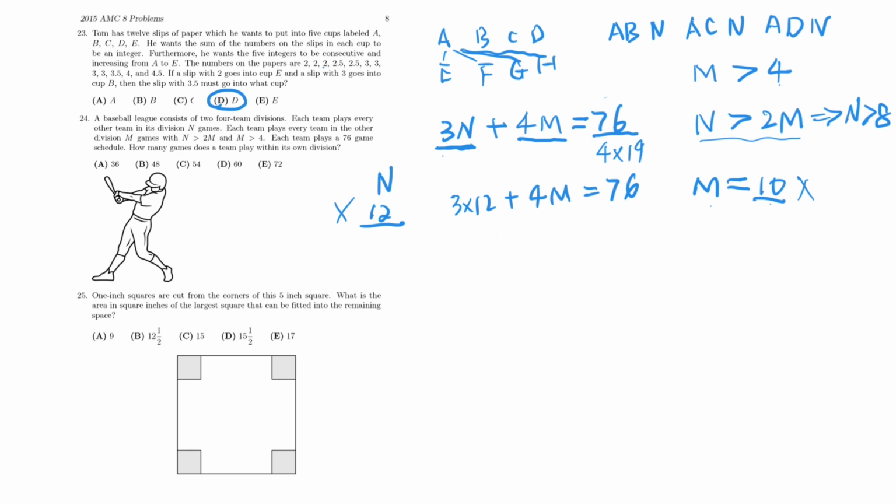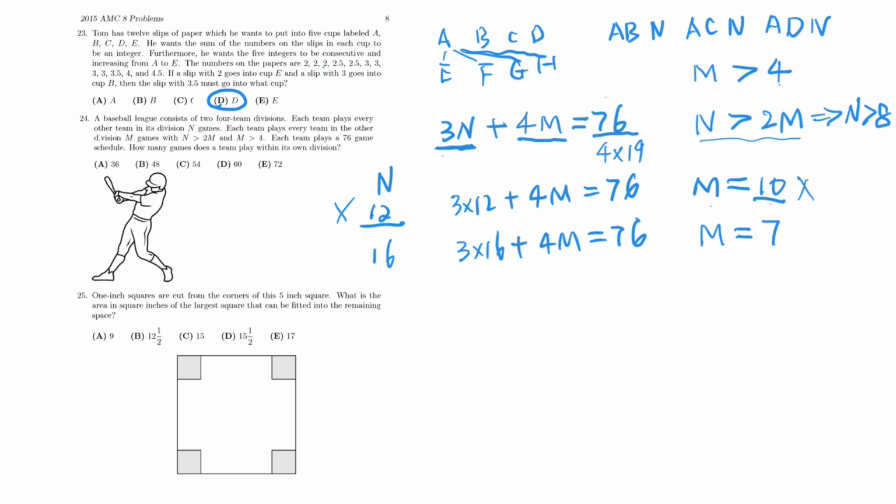If N is 16, that will be 3 times 16 plus 4M equal to 76. That's M equal to 7.